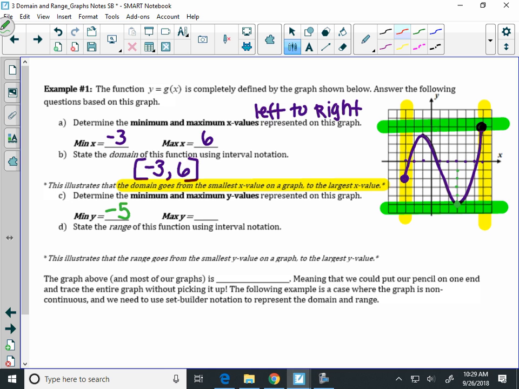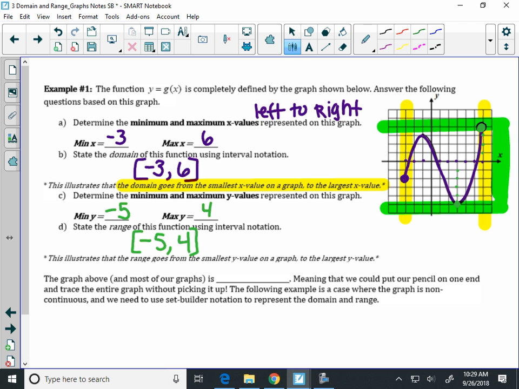And the highest y value is up at 4. Again, because this graph is continuous, I have every y value in between those two green lines. So that means every y value in between negative 5 and 4. And again, because there are closed dots there, I'm going to put square brackets around my interval.